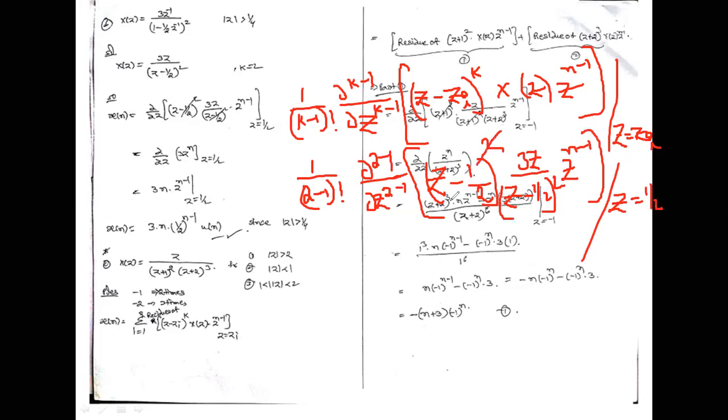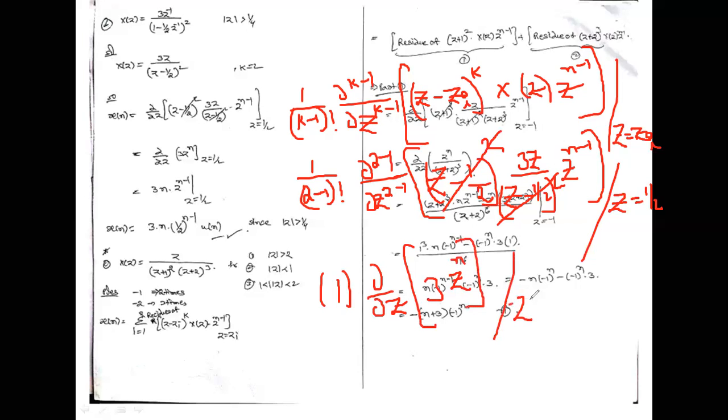Here the z minus 1 by 2 whole square gets cancelled. This 1 by 2 minus 1 factorial is 1, and dou by dou z of 3, here the z is there and z power minus 1 gets cancelled, 3z power n, at z is equal to 1 by 2.